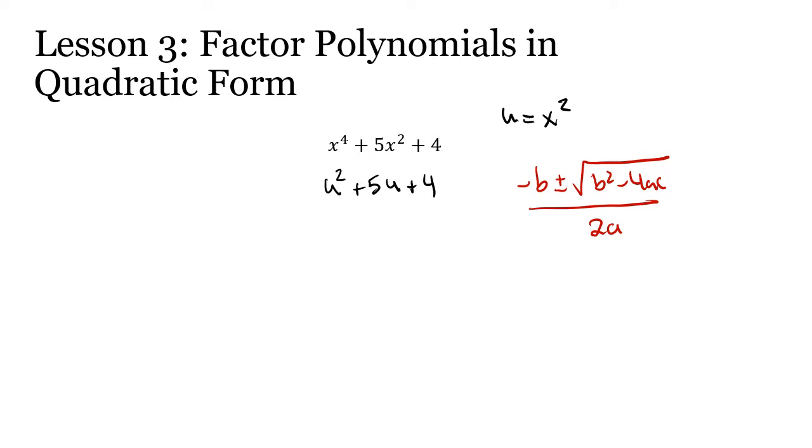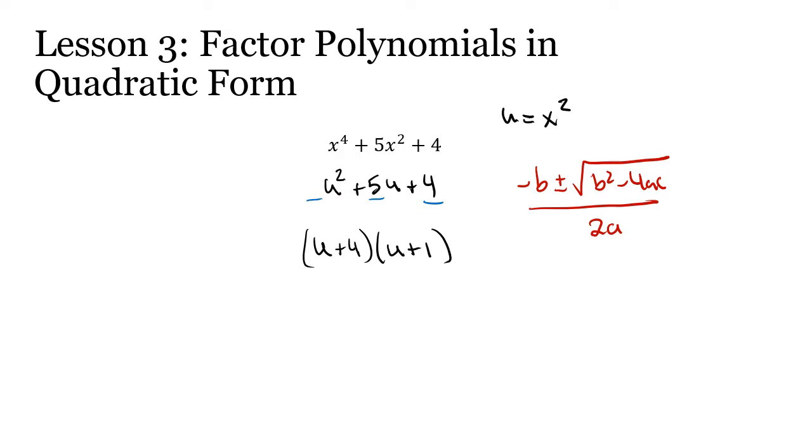Your a here is 1, your b is 5, and your c is 4. When you do that out, you'll get u plus 4, and then u plus 1.